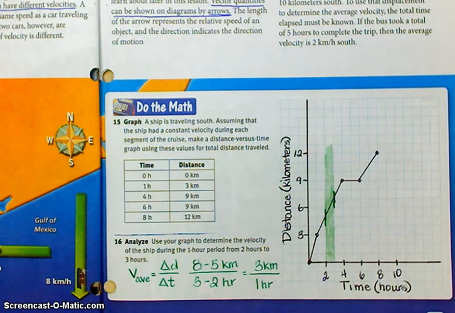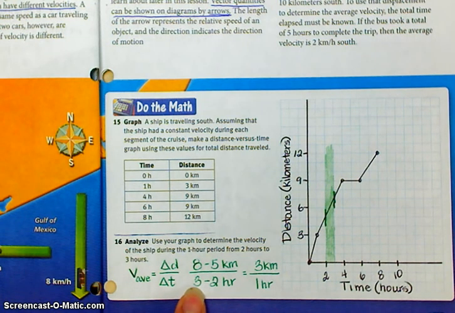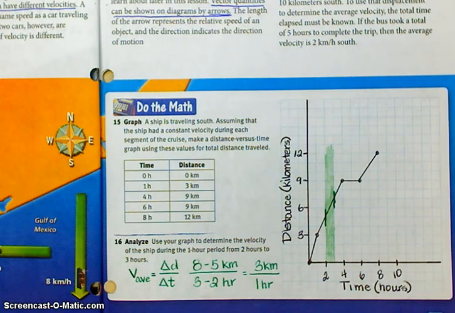So 8 minus 5 is our change in distance. And 3 minus 2 is our change in time. So 3 kilometers divided by 1 hour, and that is 3 kilometers per hour. And actually, the ship is going 3 kilometers per hour for that whole section, from time equals 1 hour all the way up to time equals 4 hours.